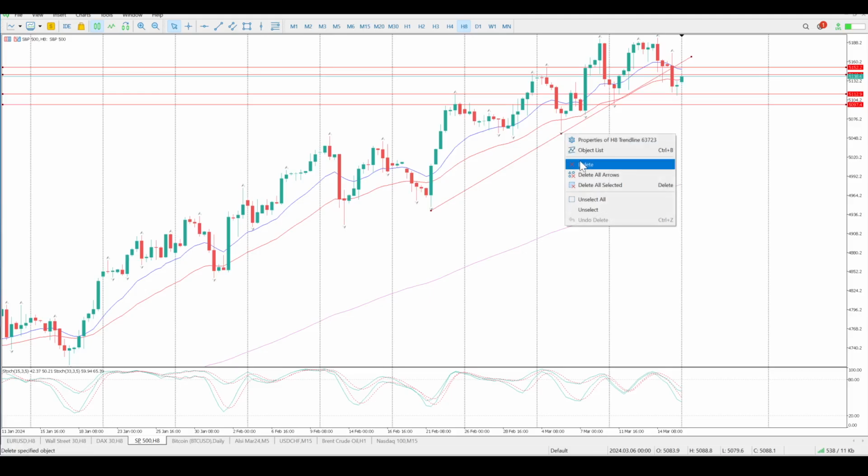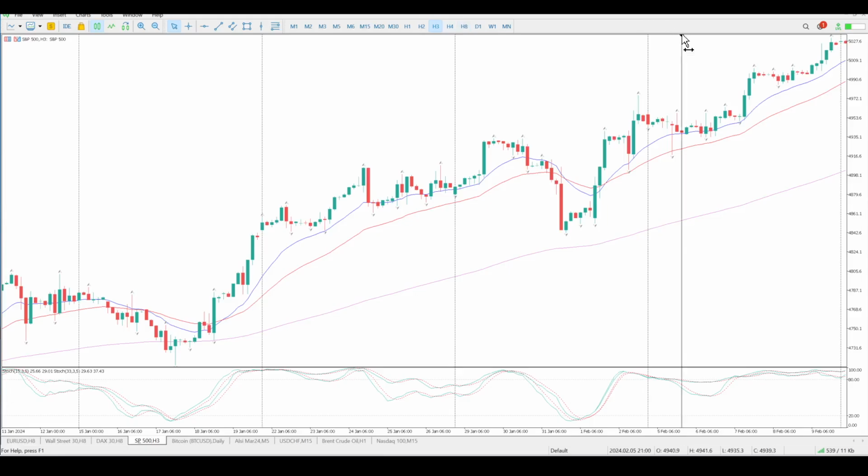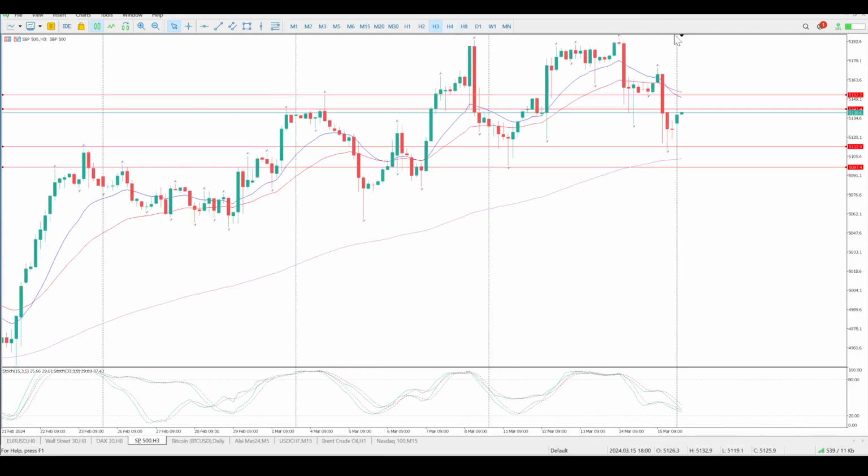I'm just going to get rid of the diagonal because this zone that we're coming into would probably play a bigger part than that diagonal. You can see on the 3 hour, we broke through 51.40, we broke through 51.52, and you can see how the 51.50 area has been an area where buyers have been coming in, and then on Friday we just hammered through that for the second move.